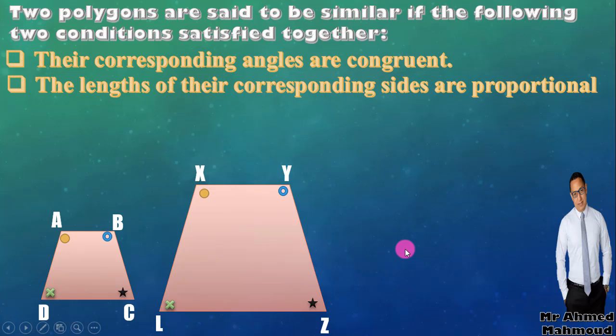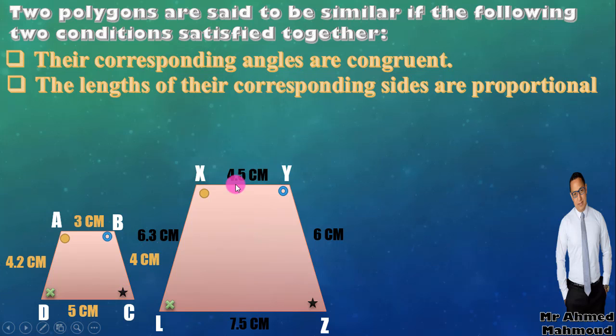For example, if I give you the lengths of the sides like this: 3, 4, 5, 4.2, 4.5, 6, 7.5, 6.3. If I make the ratio between each two sides like this, 3 over 4.5, it is equal to 2 over 3. And the ratio 4 over 6 also equals 2 over 3.